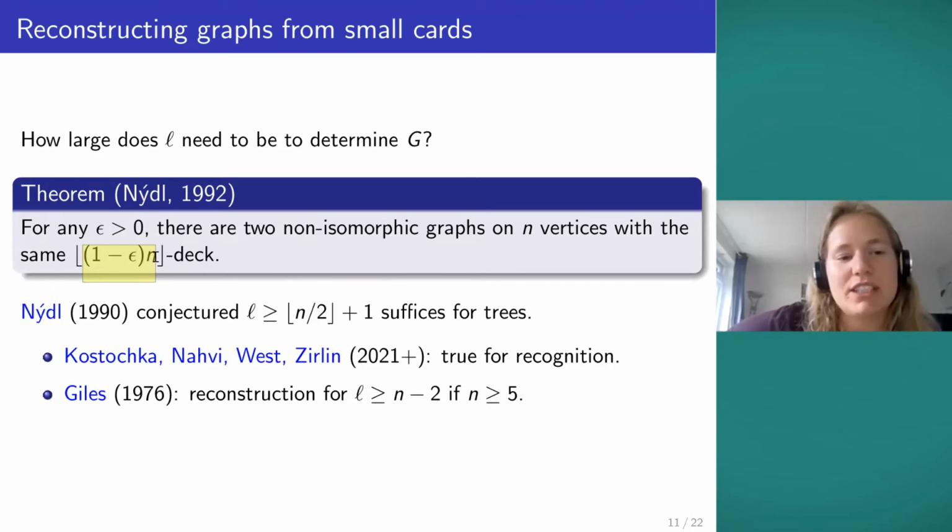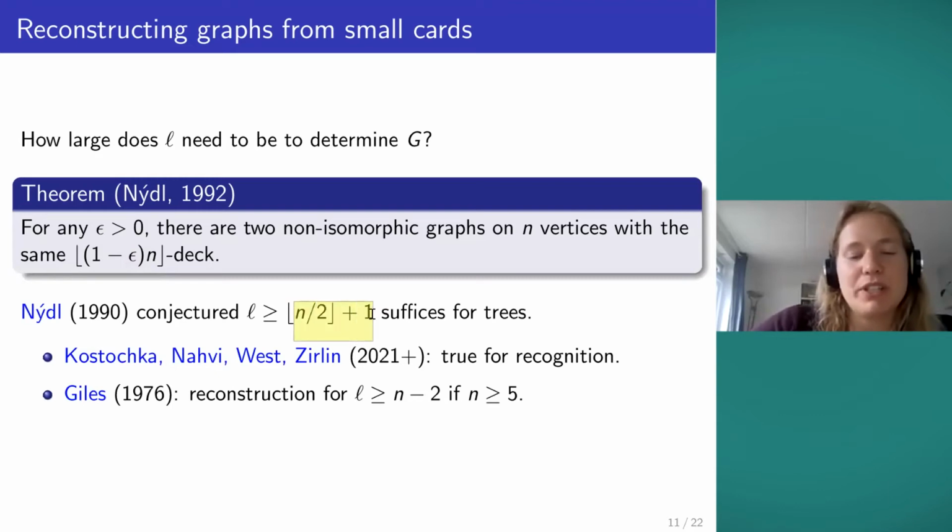The conjecture that Nýdl made as well in a different paper is that for trees, the situation is very different, that there you can remove a linear chunk of the vertices, with an exact value here as well. It turns out that for recognizing whether a graph is a tree, the bound that Nýdl proposed is correct.